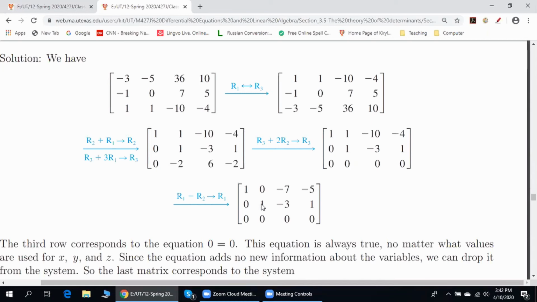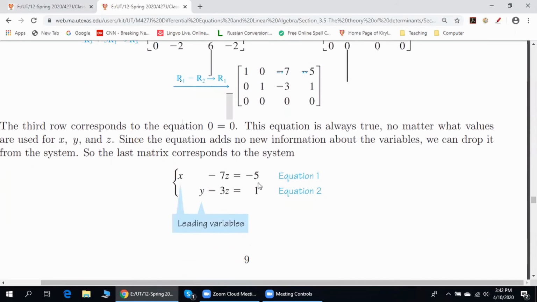However, if we see that our system has infinitely many solutions, keep applying elementary row operations in order to come up with a reduced echelon form. Only after that, switch to the corresponding system.